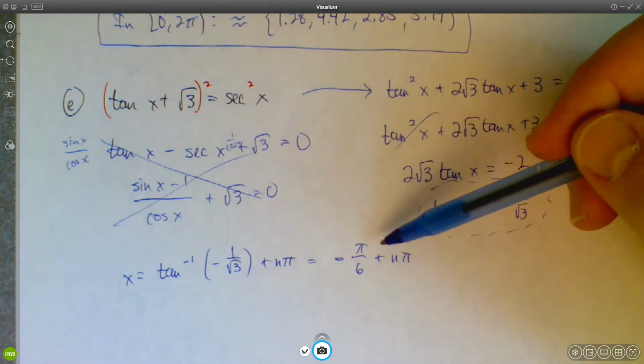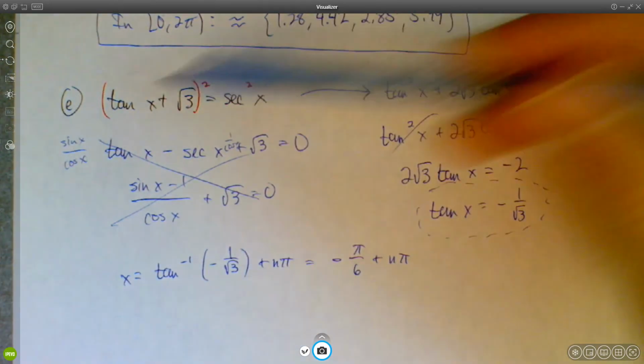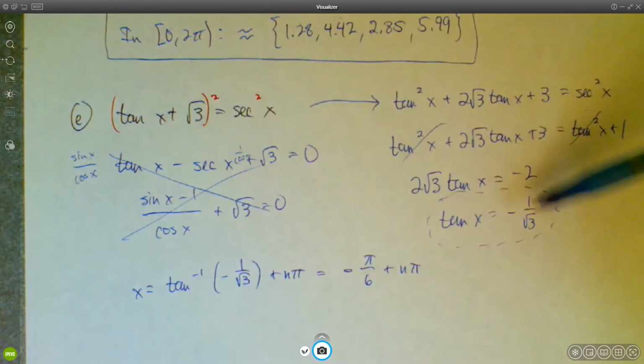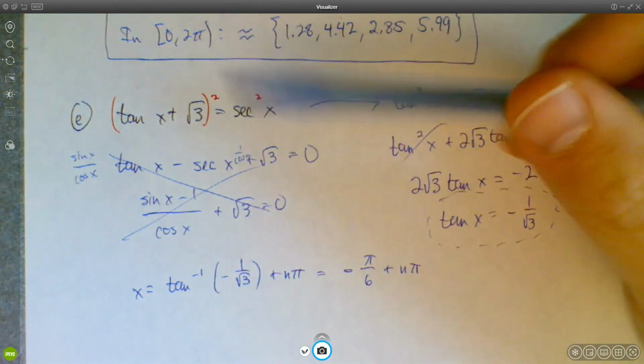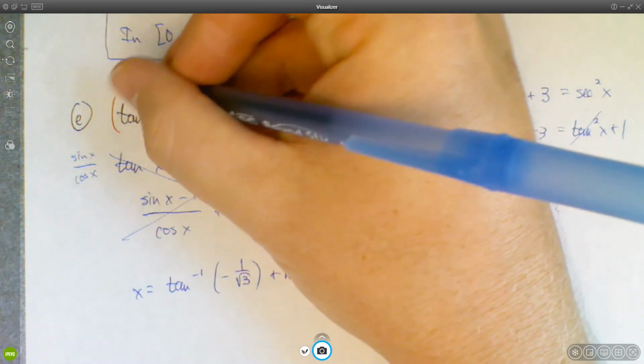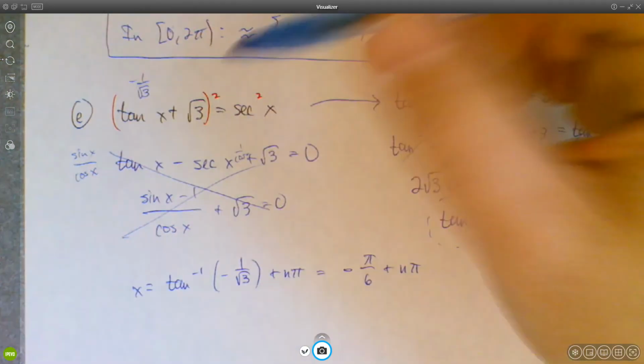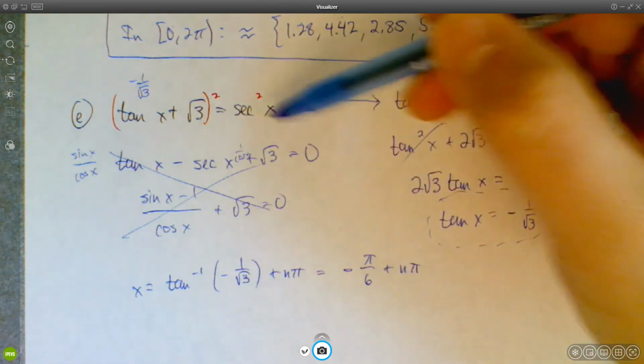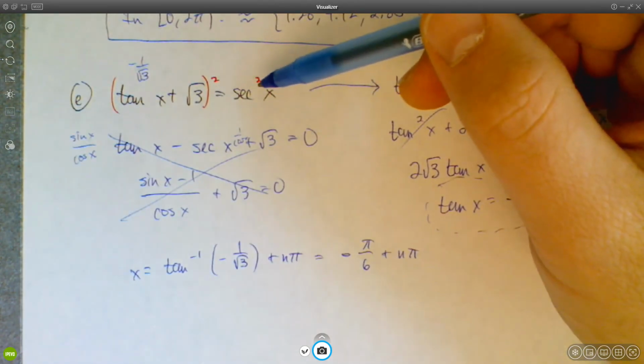So let's check those, right? If I plug negative pi over 6 into the original equation, tangent of negative pi over 6 is of course negative 1 over root 3. Secant of negative pi over 6. Well, secant is 1 over cosine, right?